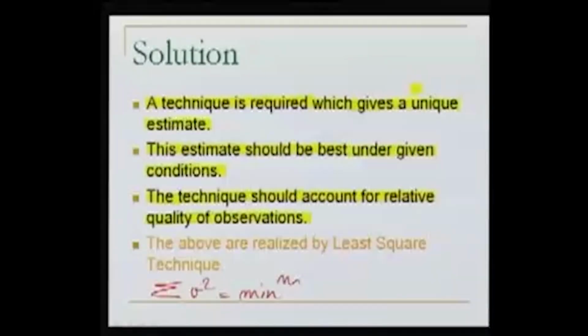So all of this can be realized by least square, and we have already seen how we write the least square. The sum of square of residuals, where we can take the weights also into account, should be minimum.